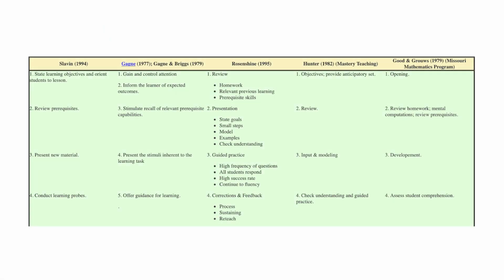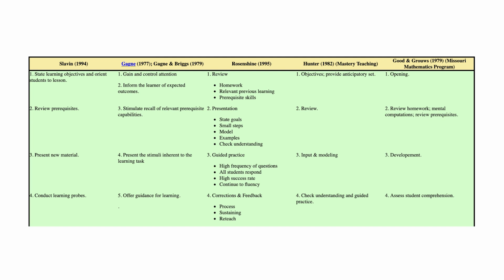And there are many theories about this, and some of them are from Slavin, 1994. So we can have the learning objective statement and orient students to lesson. And the second one, we can have review, prerequisites, and present new materials, and then conduct learning probes.